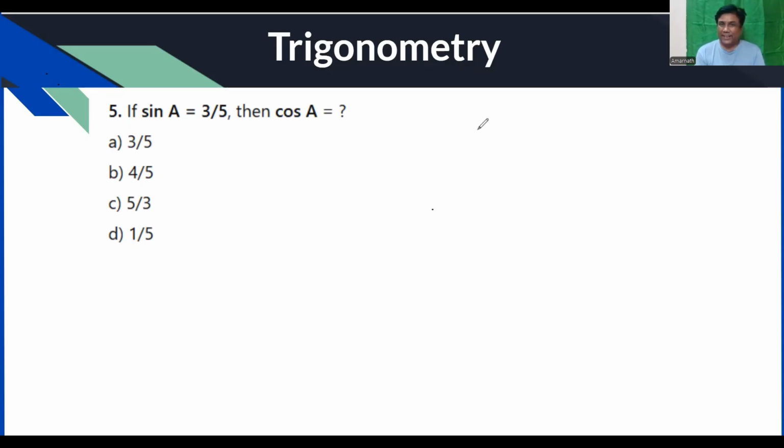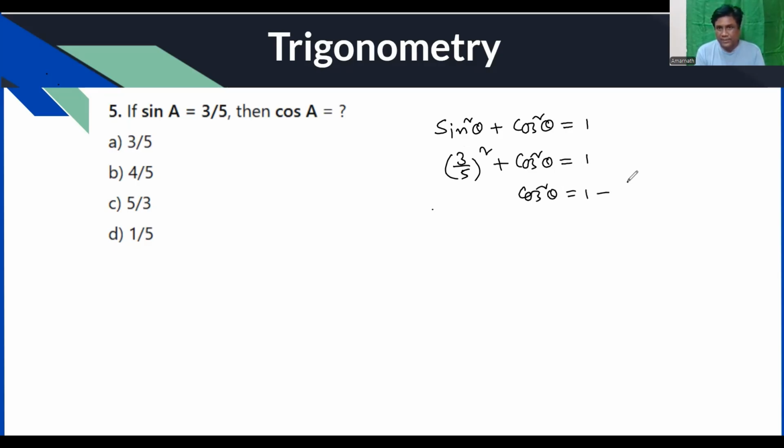Otherwise, what can I do? We know that sin square theta plus cos square theta is 1. Here sin theta is 3 by 5, so it is 3 by 5 square plus cos square theta equal to 1. So cos square theta is equal to 1 minus 9 by 25.